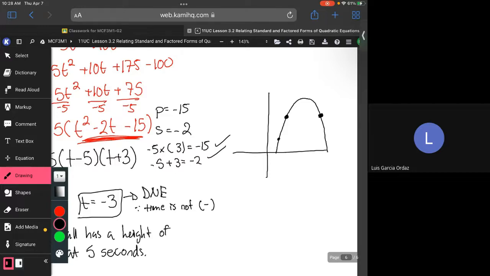So there will always be two different points where the graph has the same height, or the same y value. The only point on the graph that only has one singular y value is what? The vertex. Because the vertex never repeats, right? So every other point on the parabola is always going to have the same y value at two different x values.